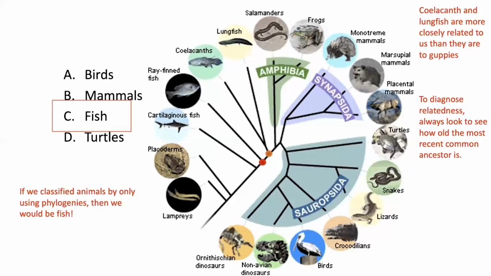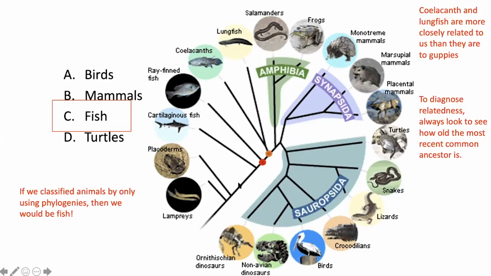And so if we were to say, okay, fish are a monophyletic group, then we would be fish, because we would share a common ancestor. So all of these fish here, they share a common ancestor. So if we drew the line as fish is everything down here on the phylogeny, then the common ancestor for all of these organisms is here.